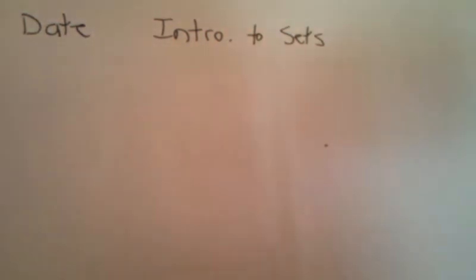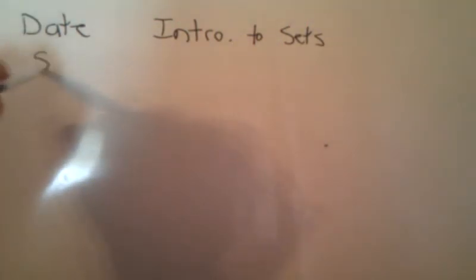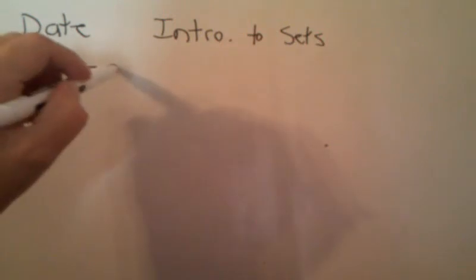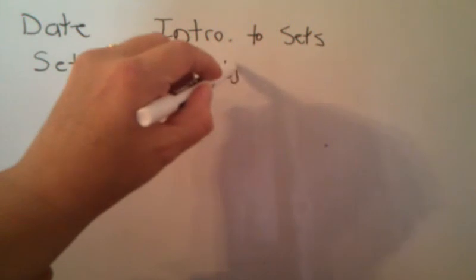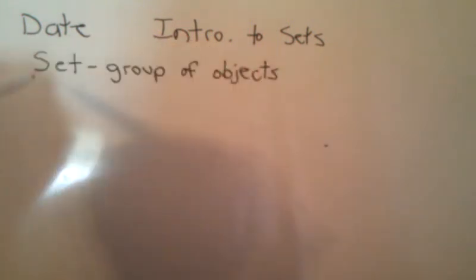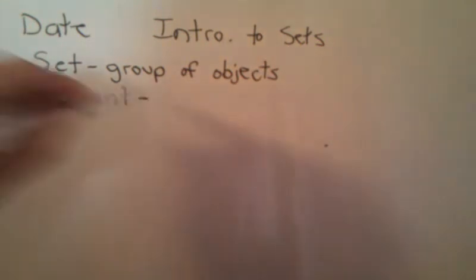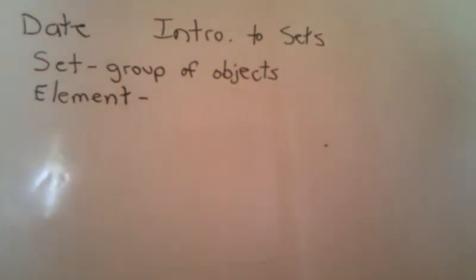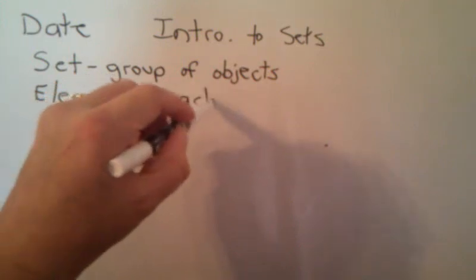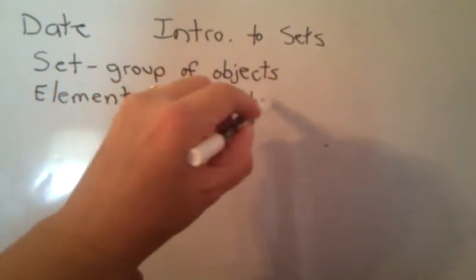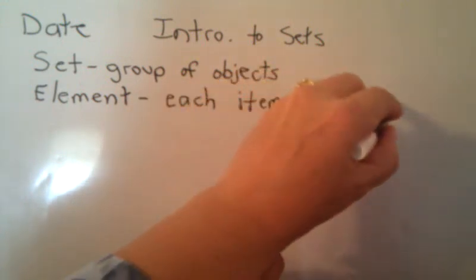We said that a set is a group of objects, and elements is each object in the set. I'm going to put item because they're not always objects. Each item in the set is an element.